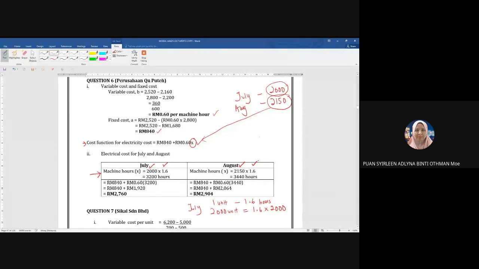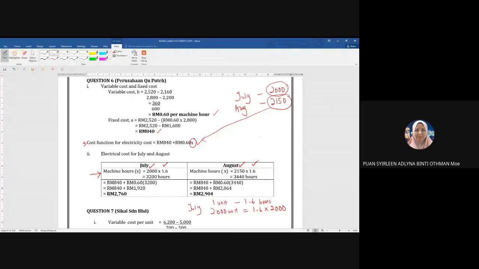Okay, so this one you must be very careful sebab your cost driver tak boleh berubah di tengah-tengah soalan. So kalau dari awal your cost driver we are using the machine hours, that means sampai habis pun X tu mesti represent machine hours.